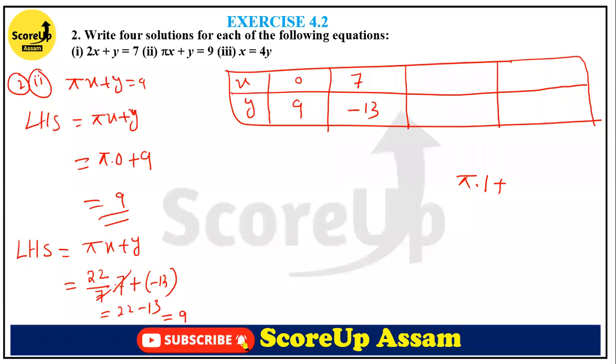Do you have any other options? Can you think, if we put 1 here, what do we ultimately get? Pi. Okay. If you put 1, it will not come out nicely.